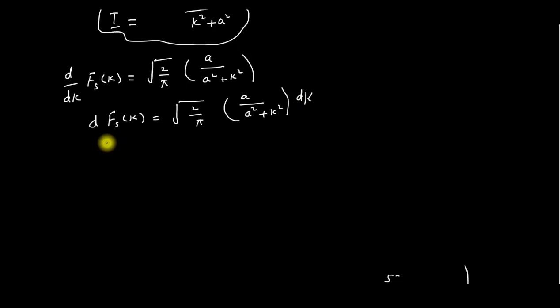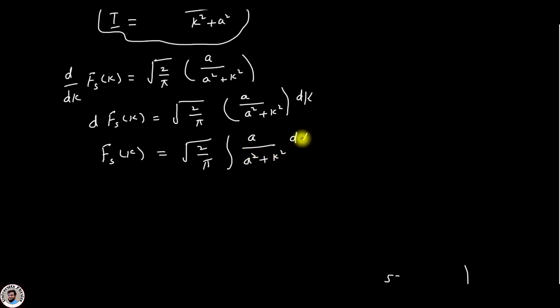Now I have to integrate this one, and after integration we will get f s k is equal to under root 2 divided by pi integration a divided by a square plus k square into dk.